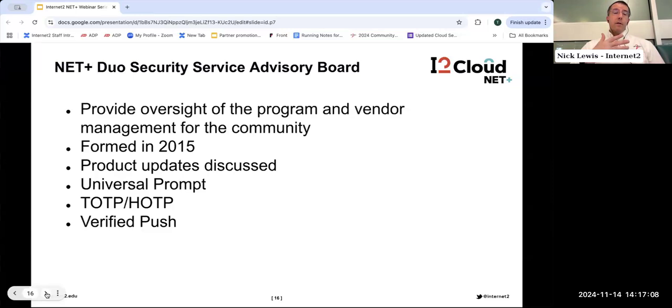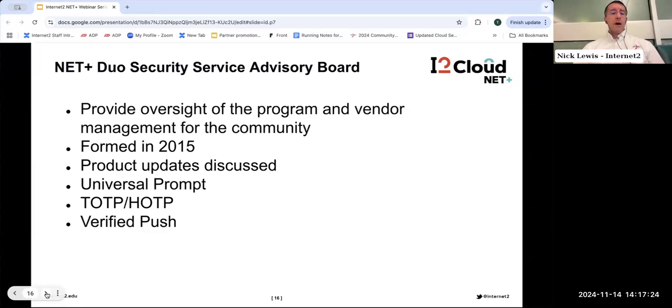That's where the advisory board is providing a service to the entire community and to all the subscribers. The advisory board was formed in 2015, so it's approaching 10 years as a group.